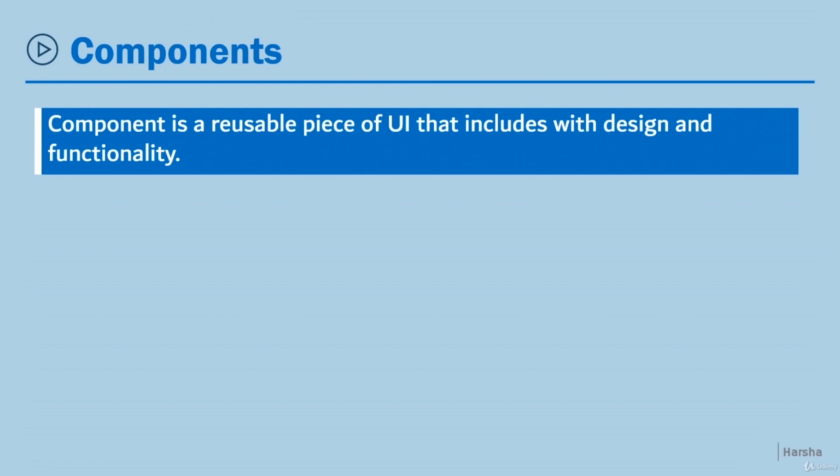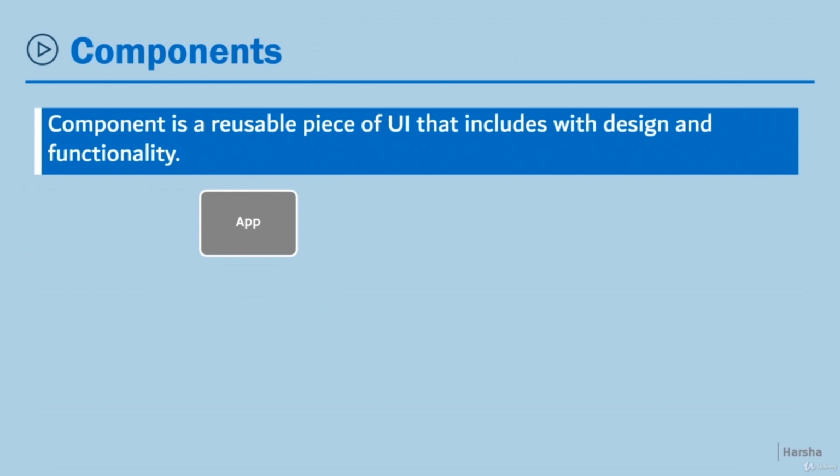So it contains the design logic in the form of HTML. It may include any HTML tags such as div or h1 or table, etc. And it may include JavaScript code to make the UI interactive with the user.